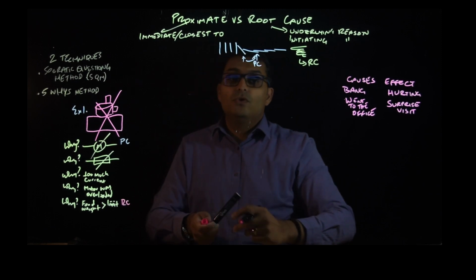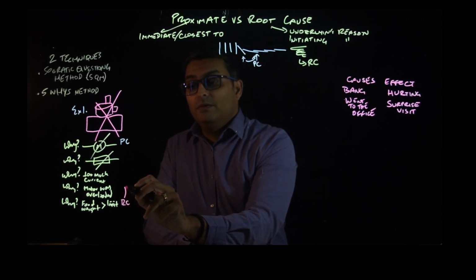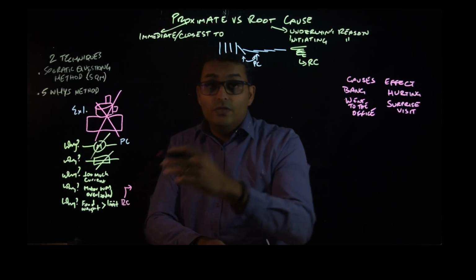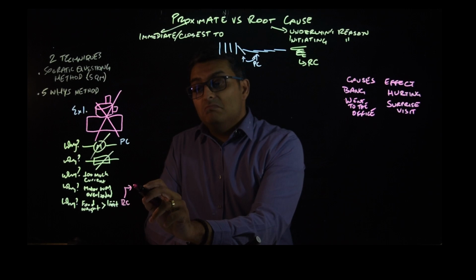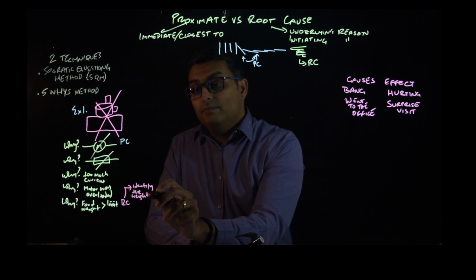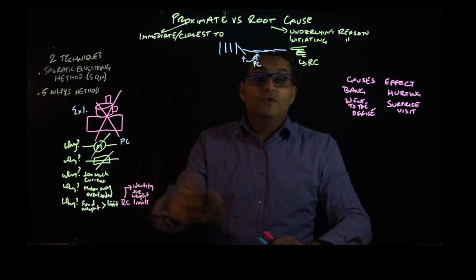So that's the root cause. And therefore the solution, because we've identified the root cause, would be to identify the weight limits and then use the blender within those limits.